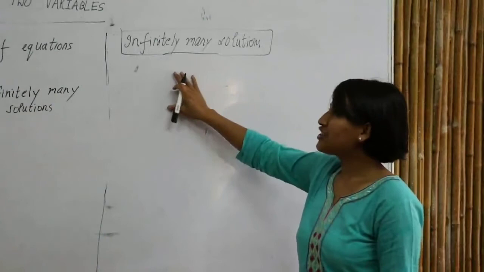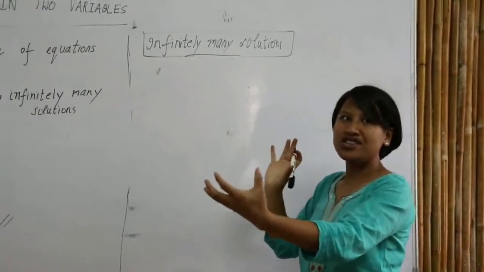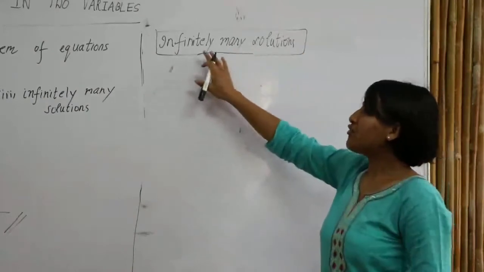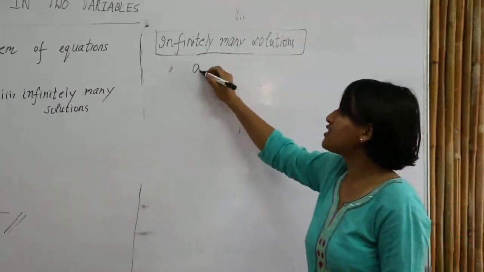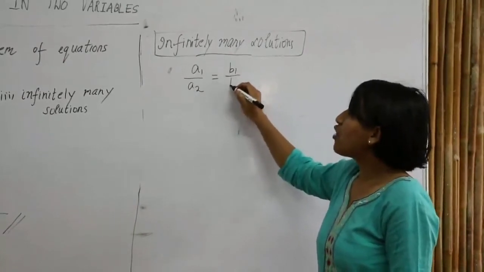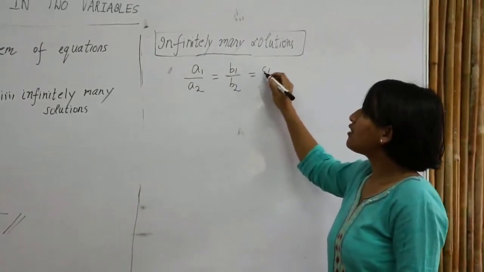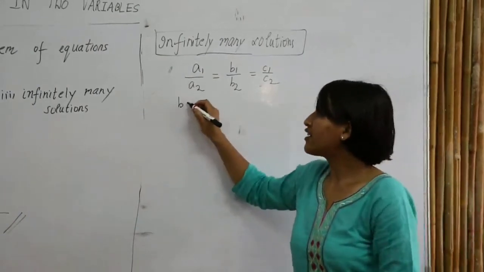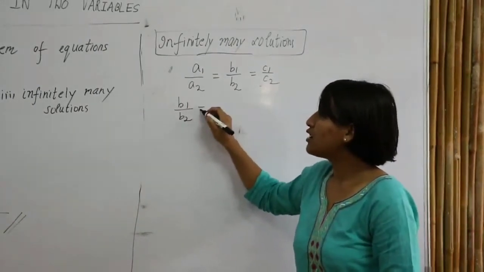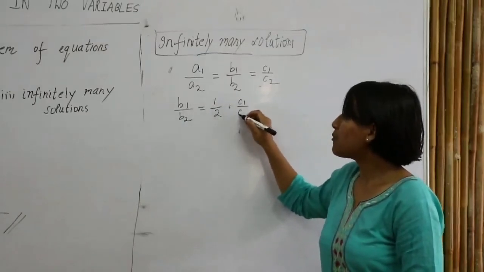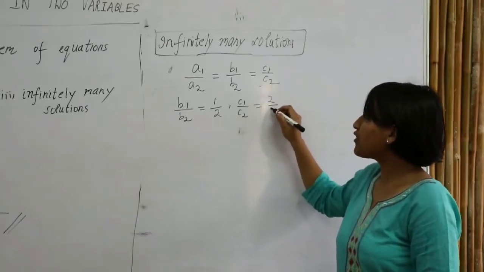Now the third condition is when the system of equations has infinitely many solutions. The condition for infinitely many solutions is where the ratios are all equal. But if you check, for b1 by b2 it is half, and for c1 by c2 it is 2 by 3.